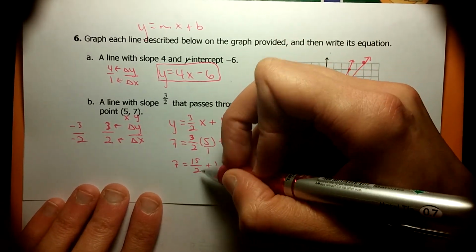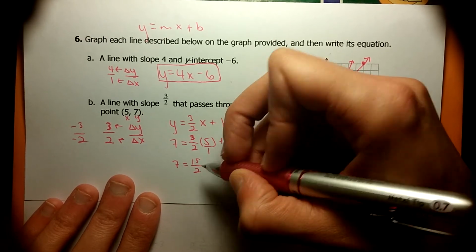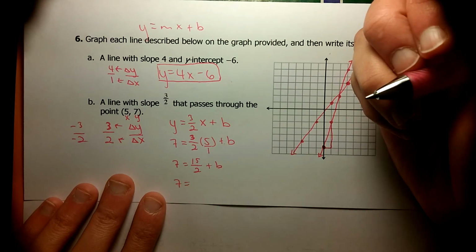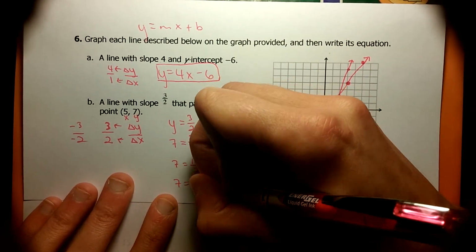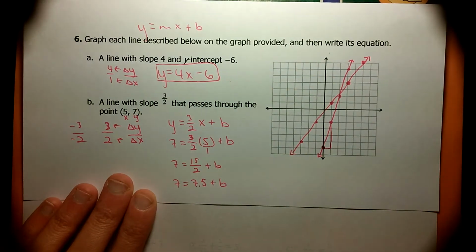I don't really like calling this 15 over 2, so I'm just going to think of it as 15 divided by 2, like half of 15, which is 7.5. I'm going to put 7.5 because I think it'll be easier to work with than 15 over 2.